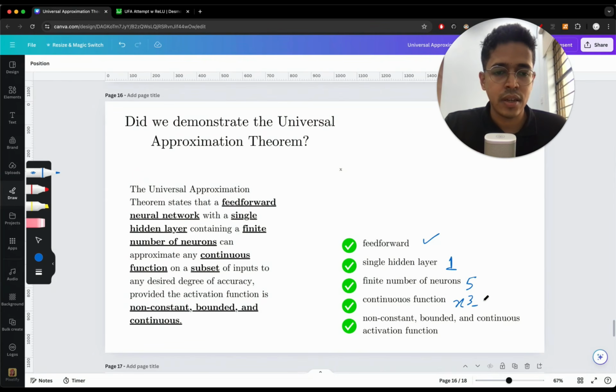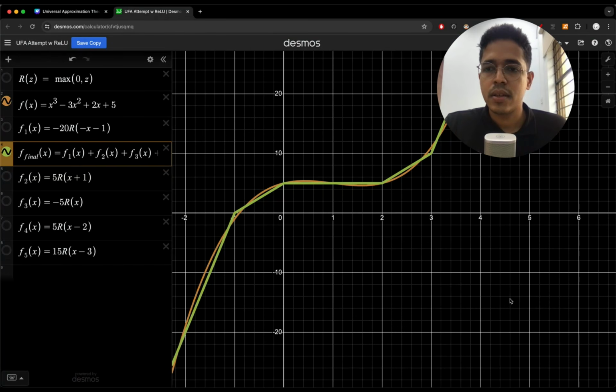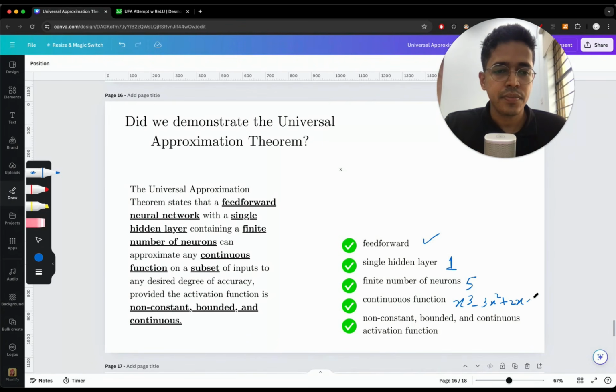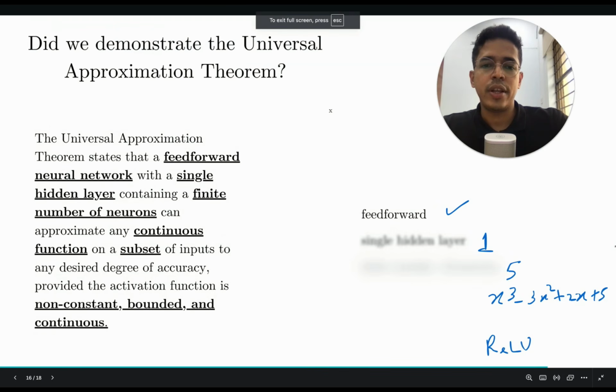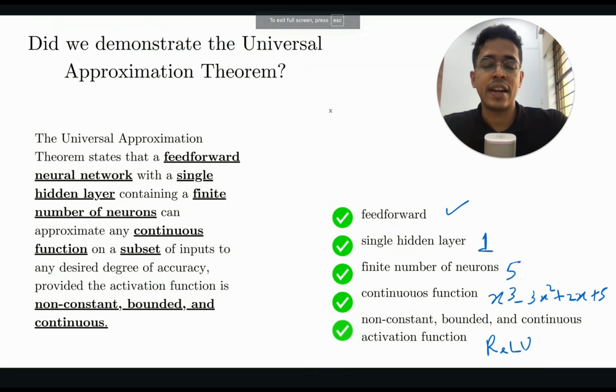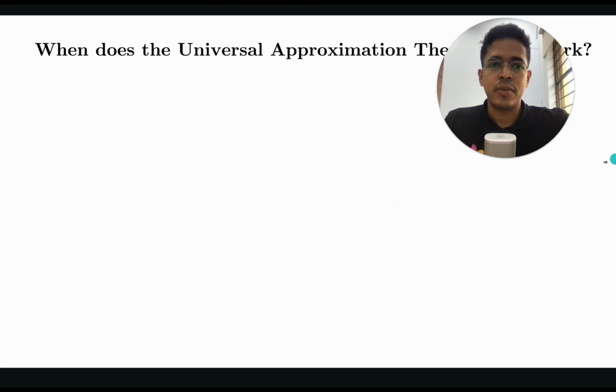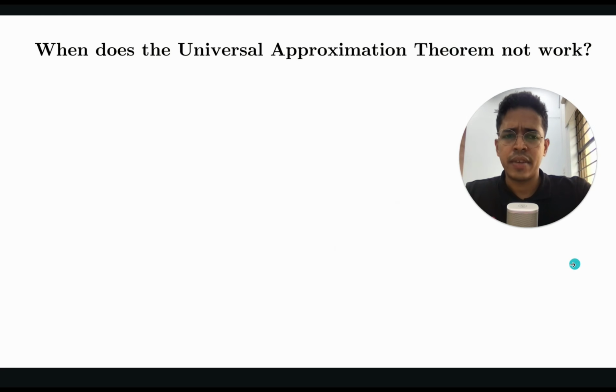This was the function, right? So this is a continuous function, and we were using ReLU activation functions to get the approximation. So this wonderfully shows how we can demonstrate the actual universal approximation theorem using a very simple example.